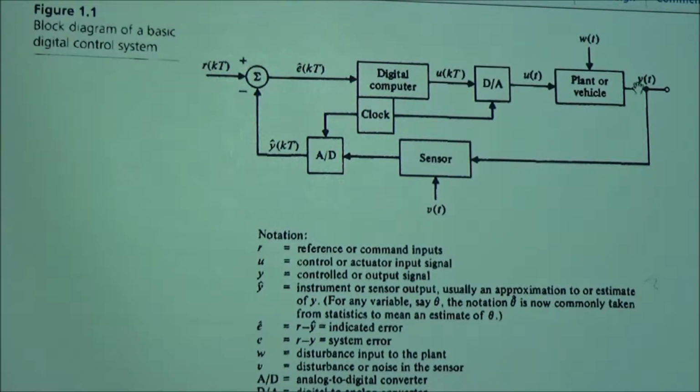All these physical quantities are fed into the sensor, and the sensor could be subject to some kind of disturbance or noise, which we'll talk about later on in the course. The output of the sensor is going to be some voltage, but that voltage is going to have to still be in analog format.